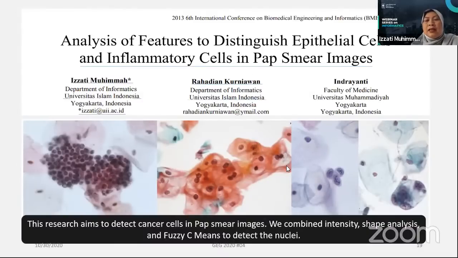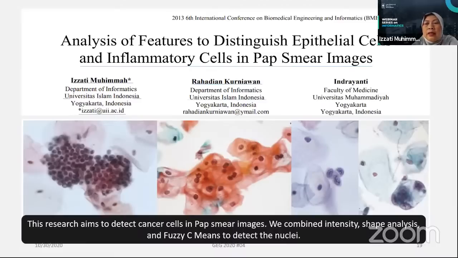If the cytoplasm is in a closed loop, then it will be a normal cell. But if there is no cytoplasm under that area, it will be an inflammatory cell, so the cells that are broken. That's our research question on this.